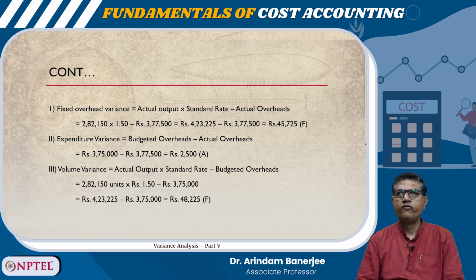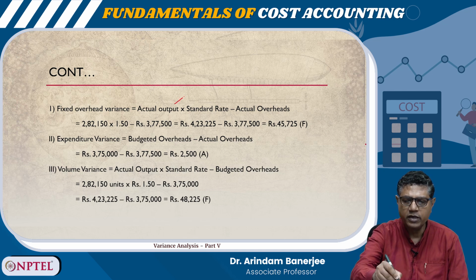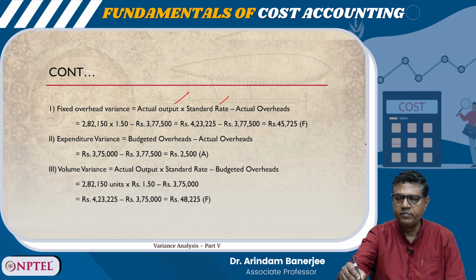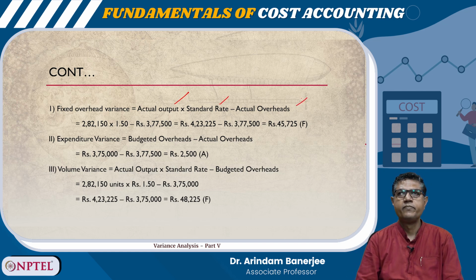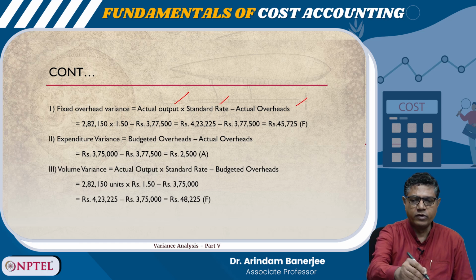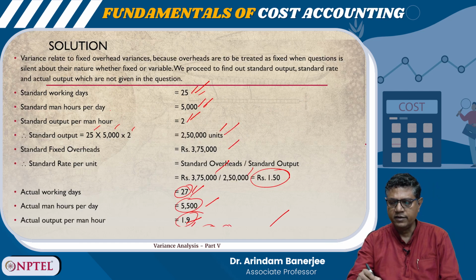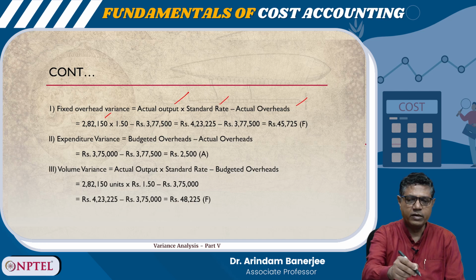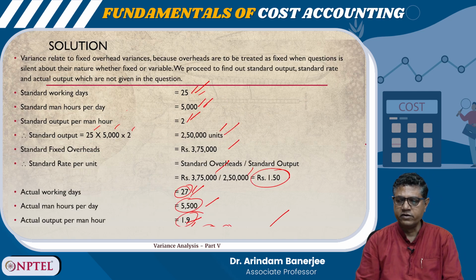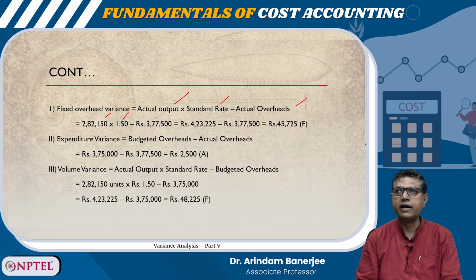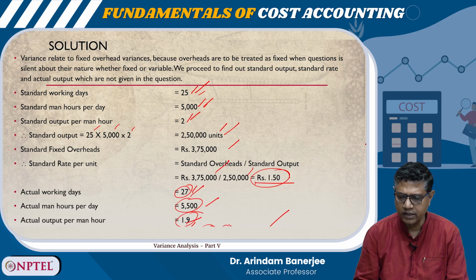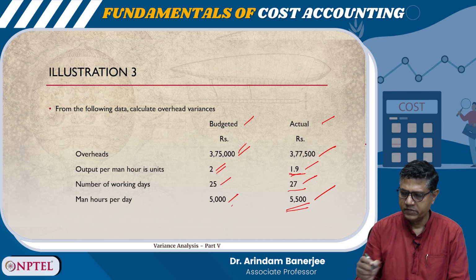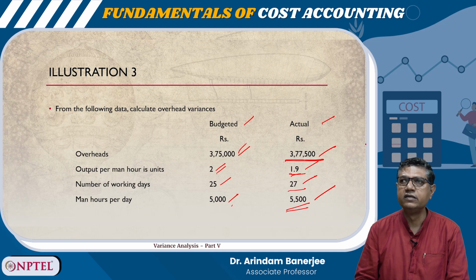So, fixed overhead variance is equal to actual output into standard rate minus actual overheads, right. So, actual output is 282150, we calculated it here, into 1.5, the standard rate, minus 377500, which is the actual overhead, it is given in the question.